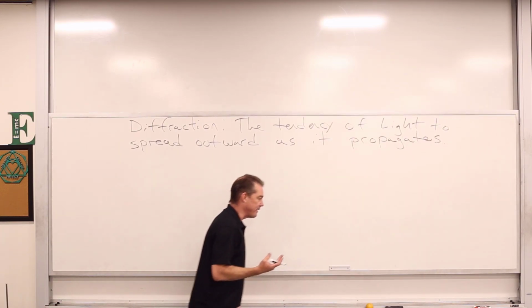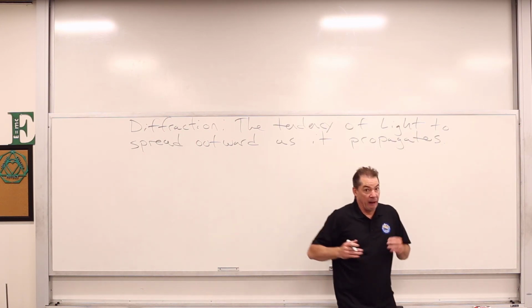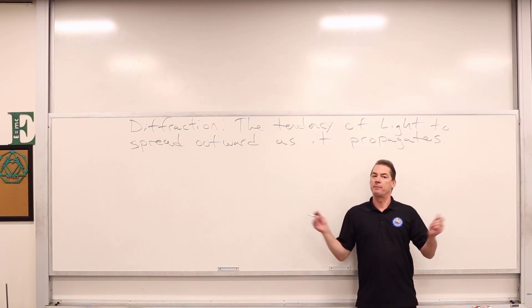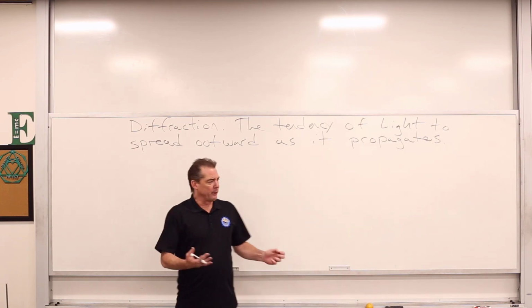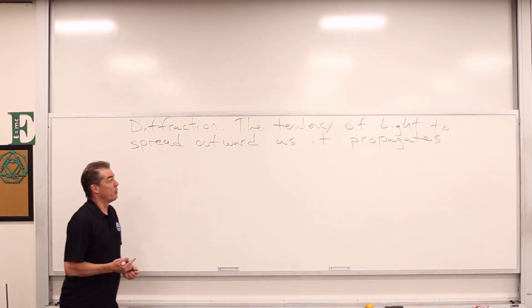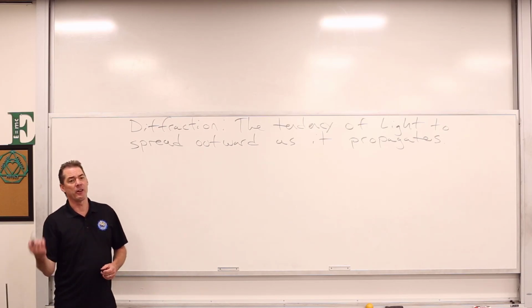What we can have is that light can bend around edges because of this tendency to spread out. So ultimately, this can be utilized to produce what are known as interference patterns.